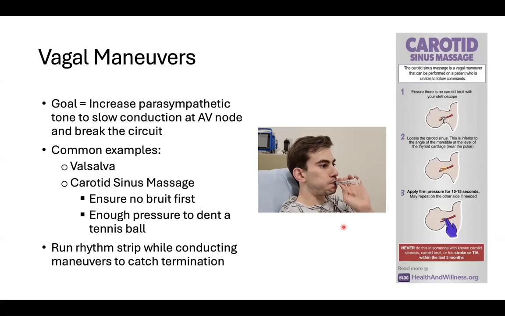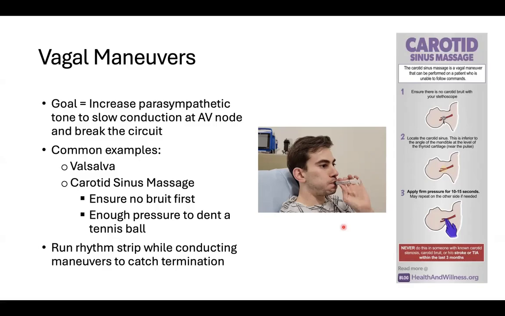And then carotid sinus massage is another option to try. The important thing here is to ensure that there's no history of significant carotid stenosis. Take a listen with the stethoscope, making sure you're not hearing a bruit, because there's a theoretical risk of dislodging plaque and causing stroke or TIA symptoms.